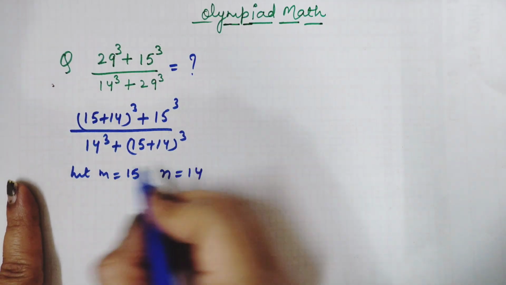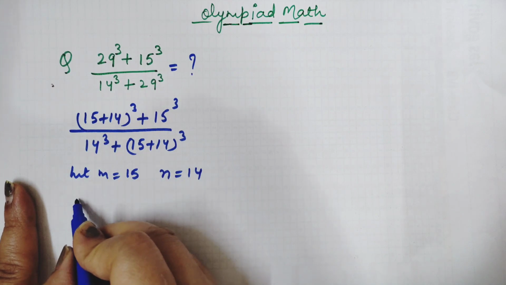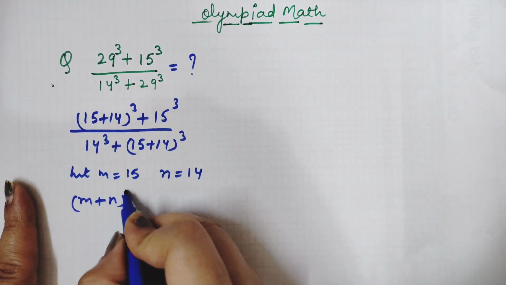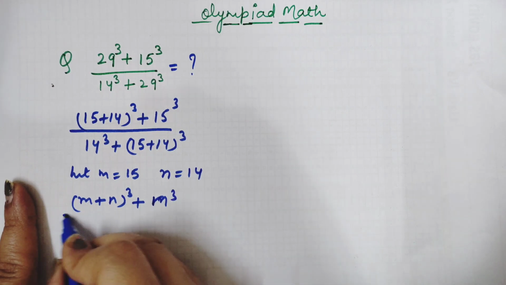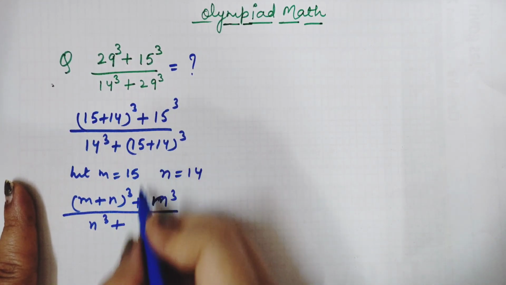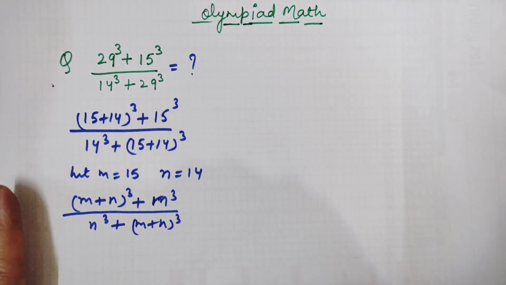So here it is m plus n whole cube plus m cube upon n cube plus m plus n whole cube.